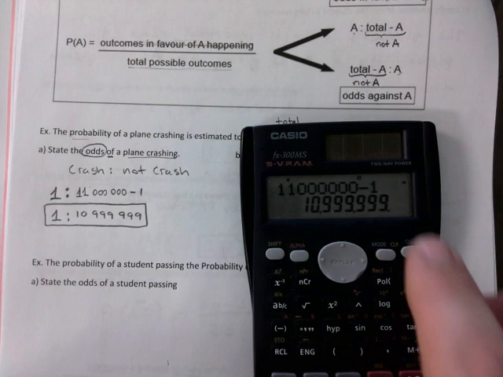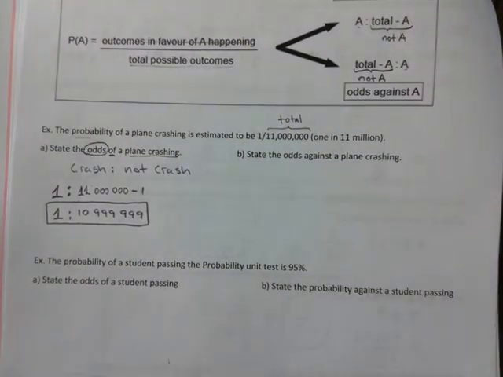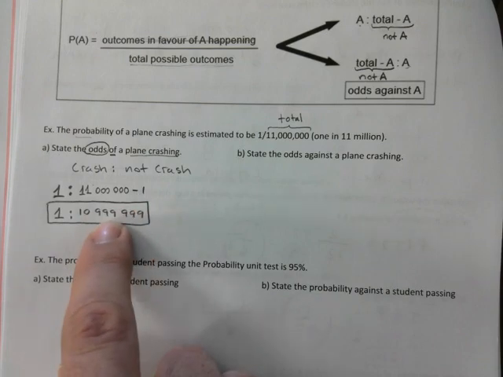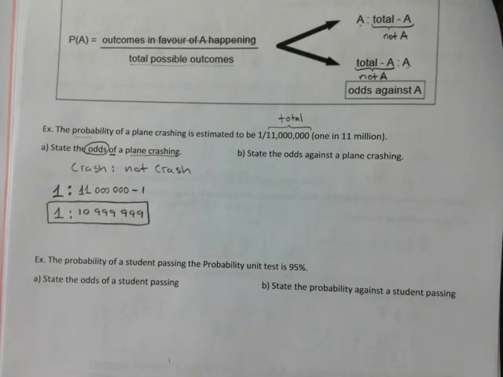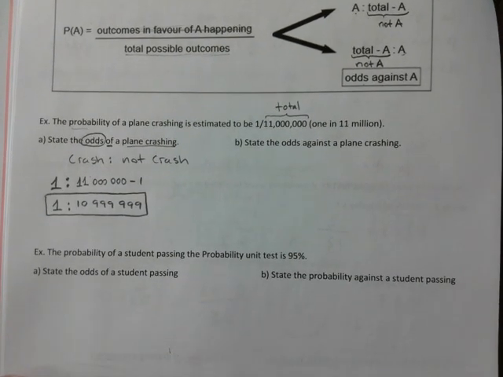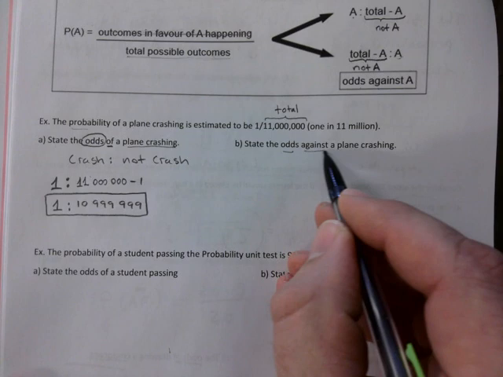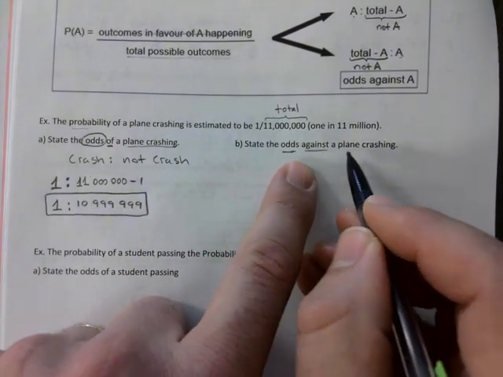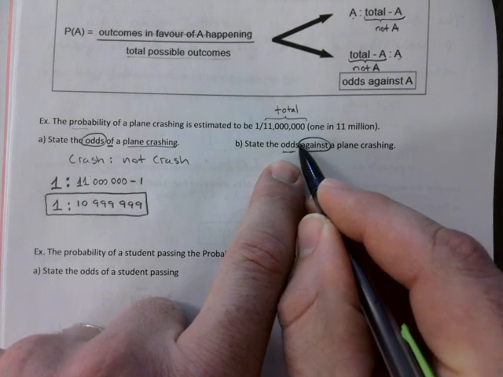It's good news, right? It'd be better if it's a bigger number on the right side. The bigger the number on the right side, the less likely it is happening. State the odds against a plane crashing. Odds against is very important here.